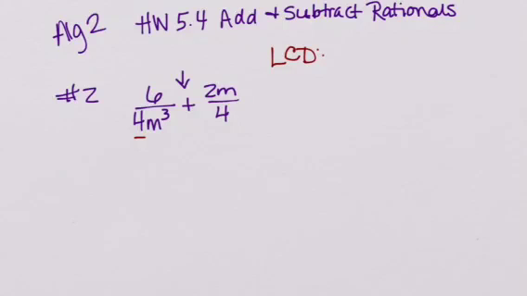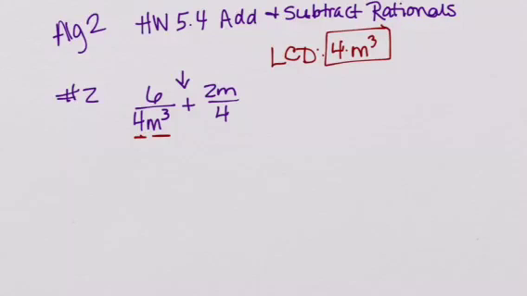This one says I need a 4 and an m cubed. That would give me what I need to match the first fraction. The second fraction already has the 4 part, but he needs the m cubed part. So this is the least common multiple. I can make them easily become 4m cubed and match.